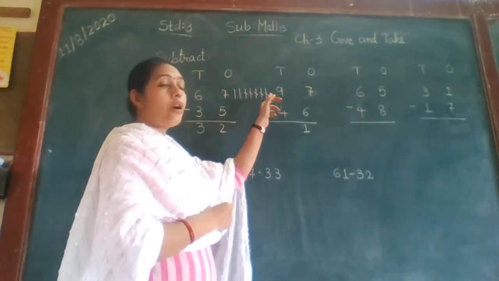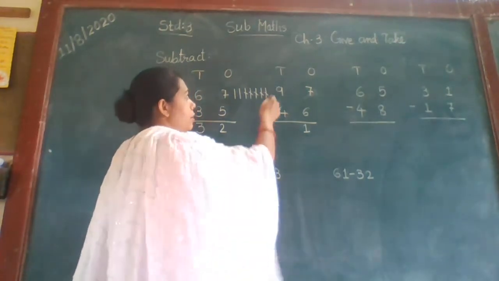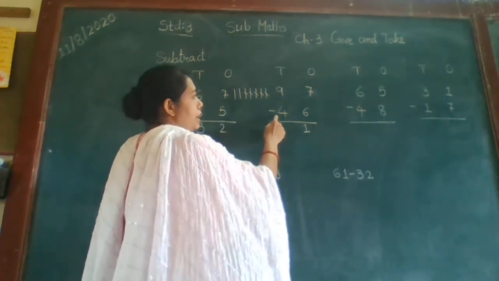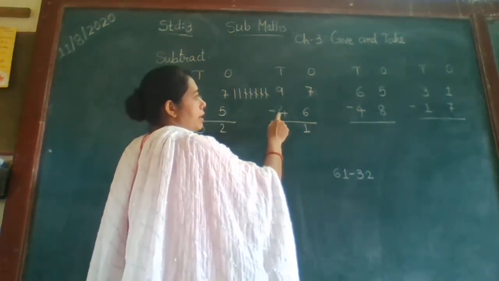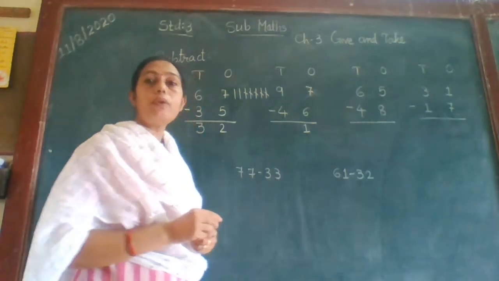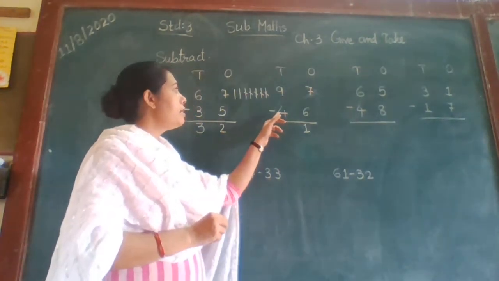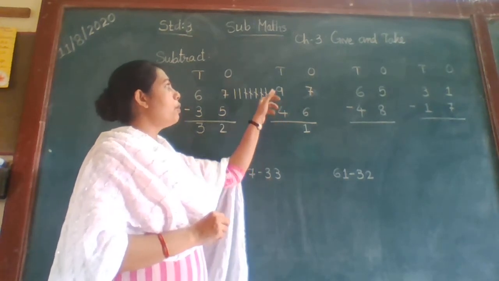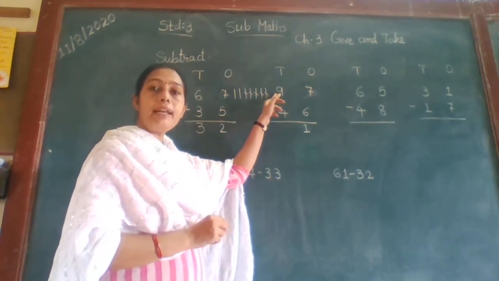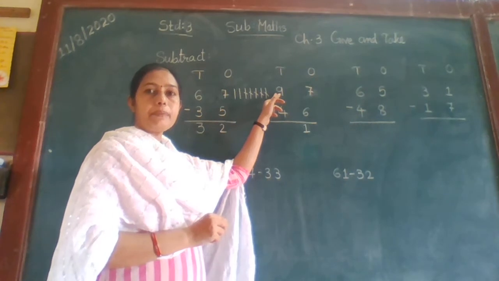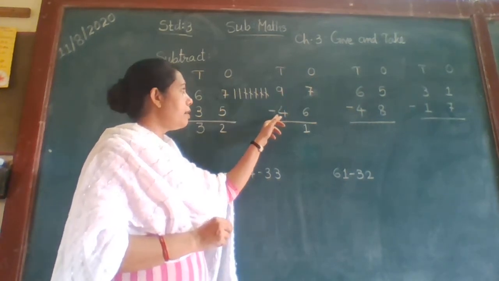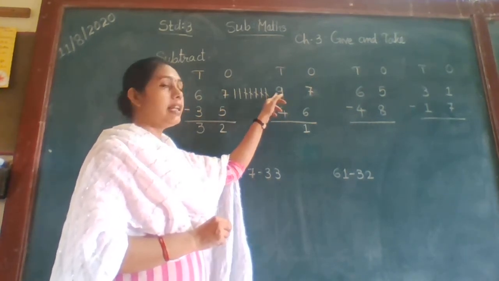Now we go to the tens place. In the second number, 4 is on the tens place. So after 4 you have to count till 9. Count the fingers: after 4 you count till 9.